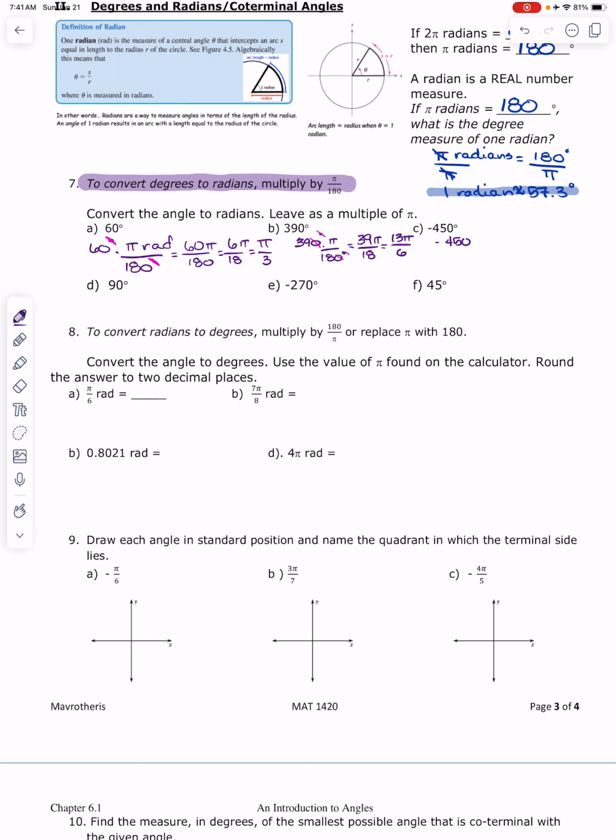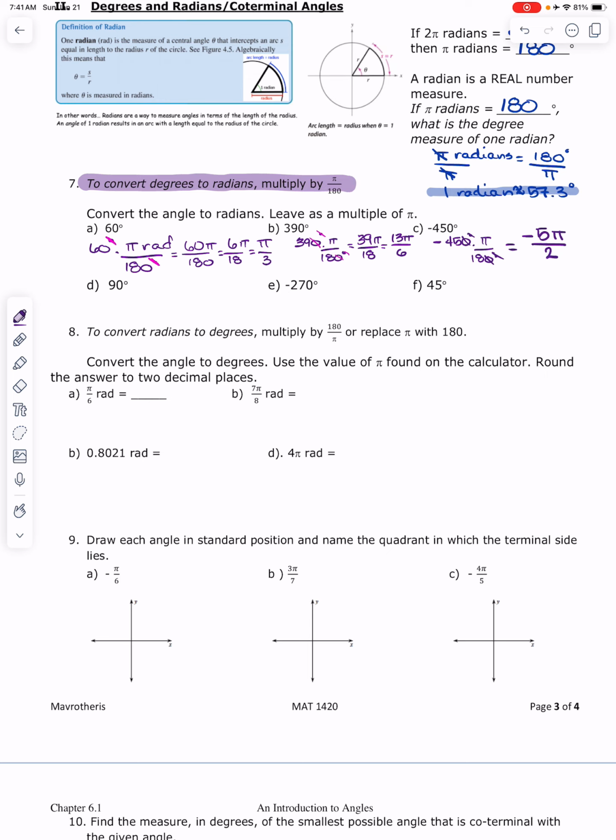I got negative 450 degrees. Again, times pi radians over 180 degrees. Again, I'm canceling the degrees. I'm canceling that factor of 10. 9 goes into both 45 and 18. Keep in mind we have this negative out front, so this stays negative.